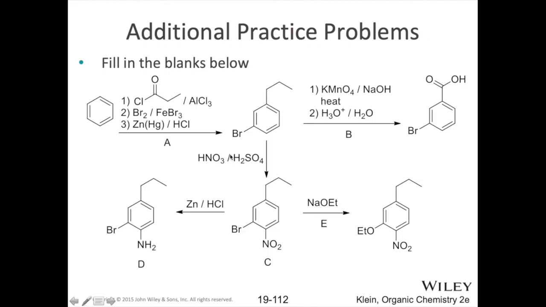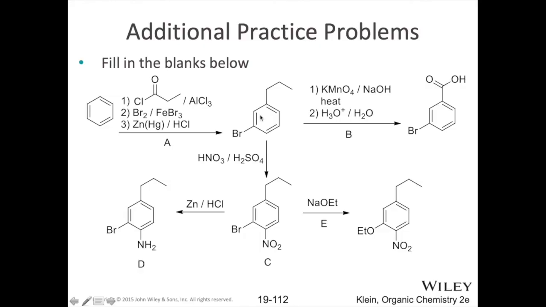So that one's pretty straightforward. If you want to confirm the directing effects, you want to make sure you remember that this is ortho-para directing, and this is ortho-para directing as well, even though it's deactivating. So it makes sense that the two sites that are very likely are this position or this position, which are ortho and/or para to those groups.